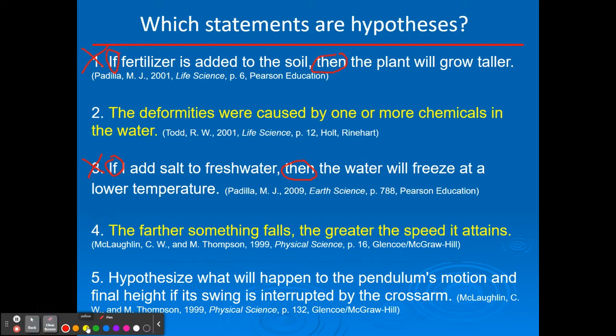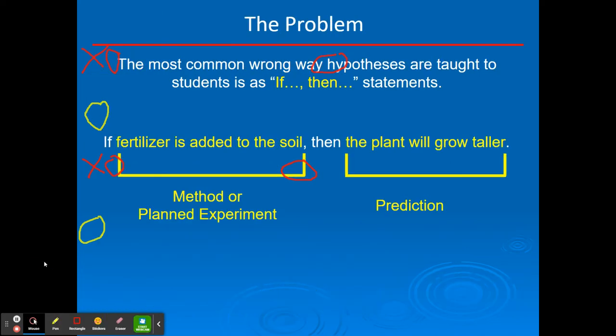So, in CAP biology, when we are looking at these hypotheses, statements like number 2 and number 4 are going to be our hypotheses. The deformities were caused by one or more chemicals in the water. Now, I need to try to figure out what those chemicals are. Or number 4, the farther something falls, the greater speed it attains. Now I have to try to prove that thing.